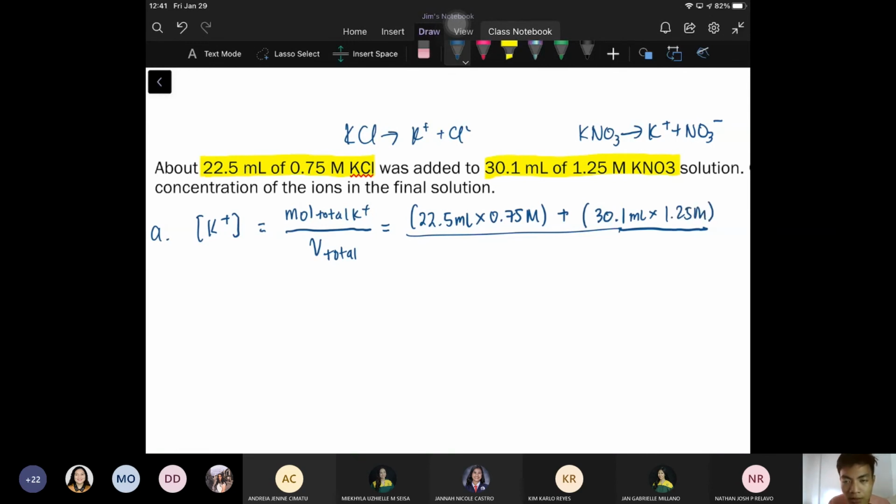So that will give us the millimoles of K+ from KNO3. Okay. Then we will all divide this by the total volume, which is 22.5 ml plus 30.1 ml.